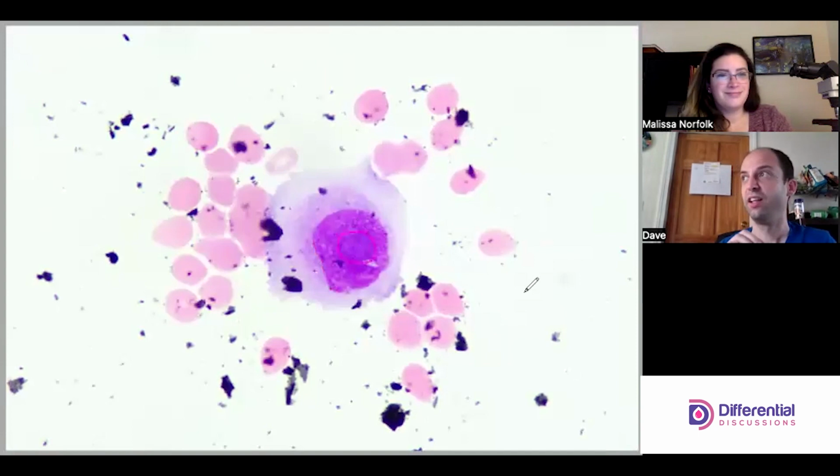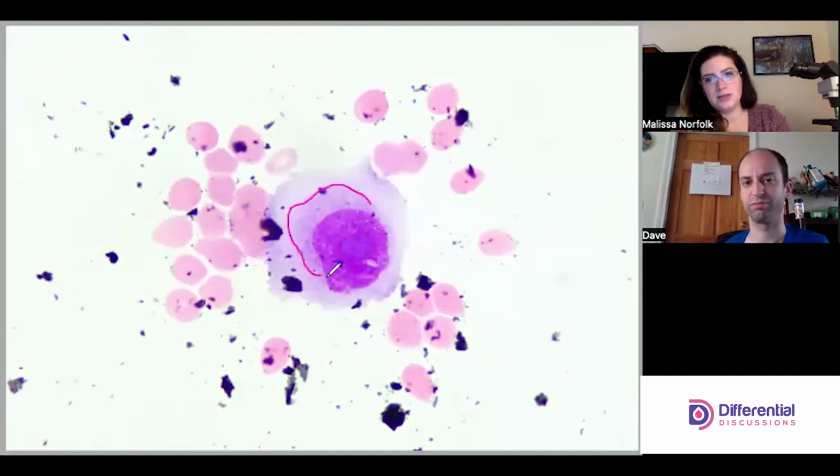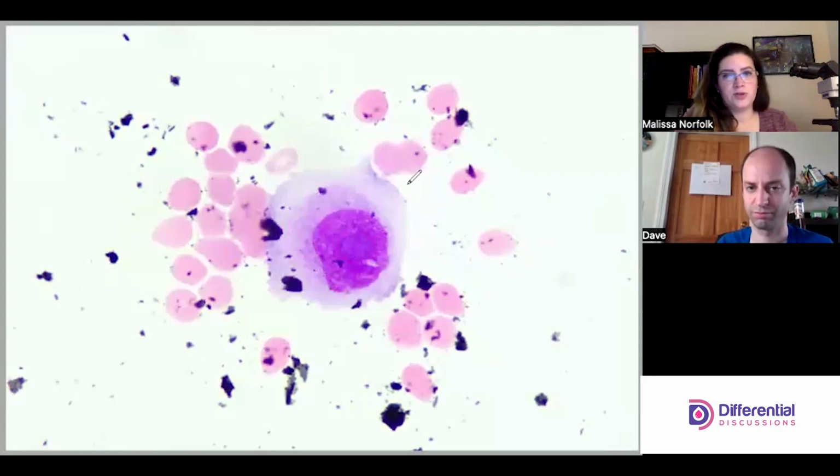So that variability in staining, the heterogeneous staining characteristics, you get dark here, lighter here. That's not usual. This is also kind of weird internally, and it makes me wonder, is this supposed to be part of the nuclear membrane? Is that granules? Is that odd cytoplasm, or is that just cytoplasm staining two different colors, which again is weird.